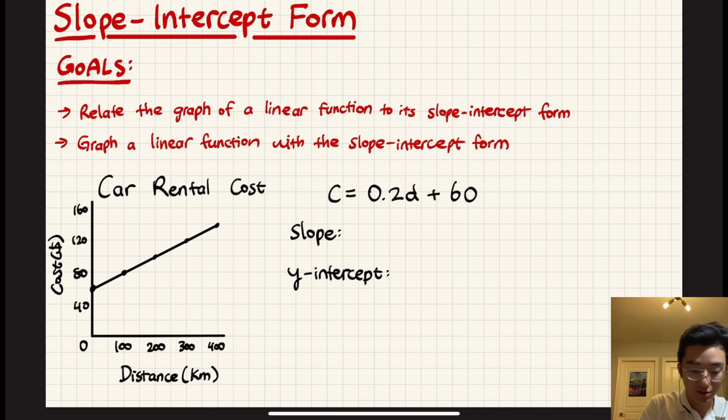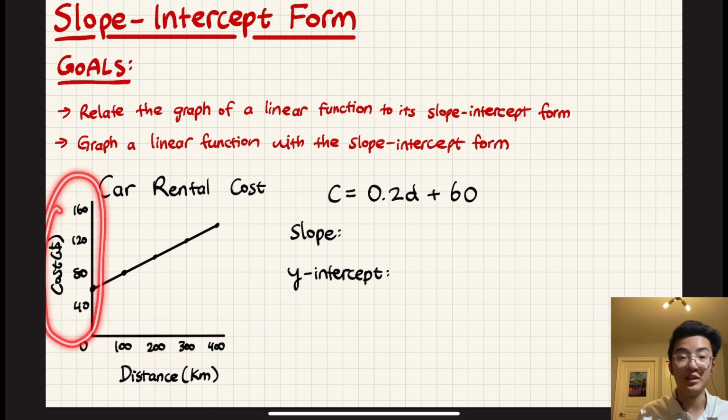All right, so this graph right here may look familiar to some of you because we actually covered it in our linear relations lesson, where we have the car rental cost of a random company, and we have the distance in kilometers traveled against the cost of this car rental.